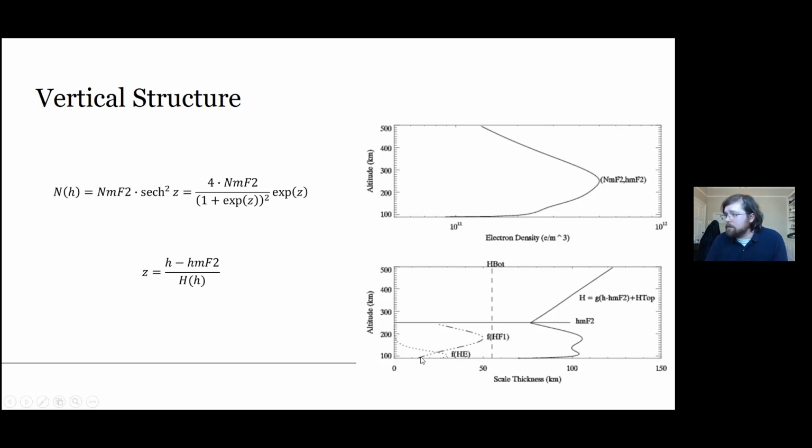And so it allows us to more easily pick out and add weight to the derivatives as well as the absolute electron density when we do the fitting. So ultimately, E-CHAIM is not really a model of electron density per se. It's a model of this scale parameter here, as well as NmF2 and hmF2, because we need those to transform into that space.